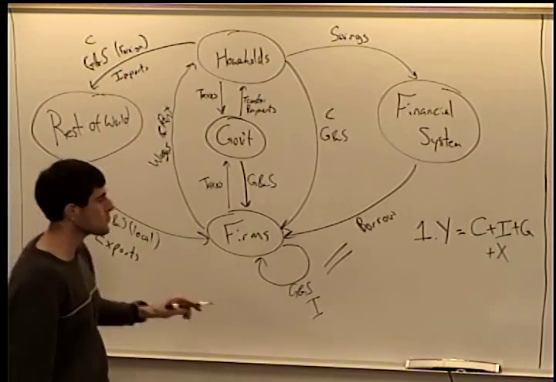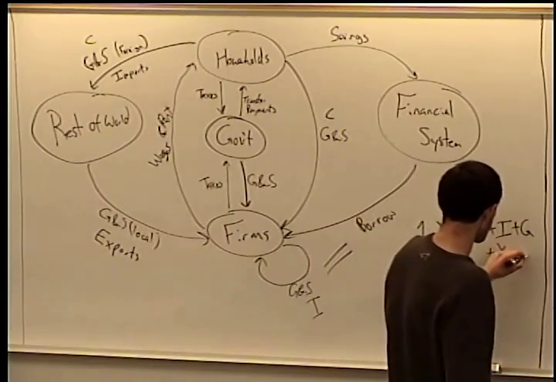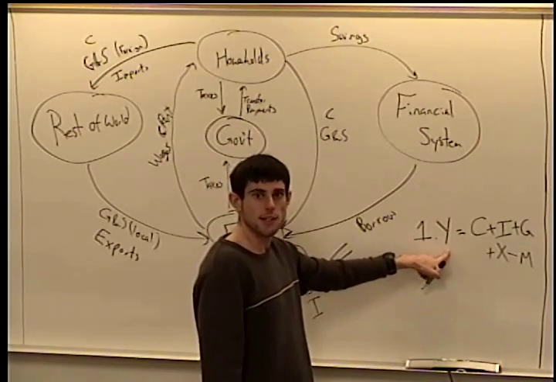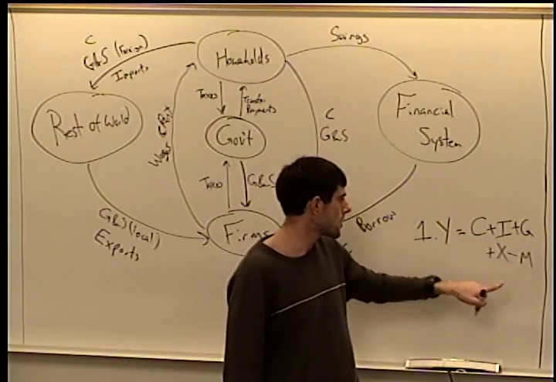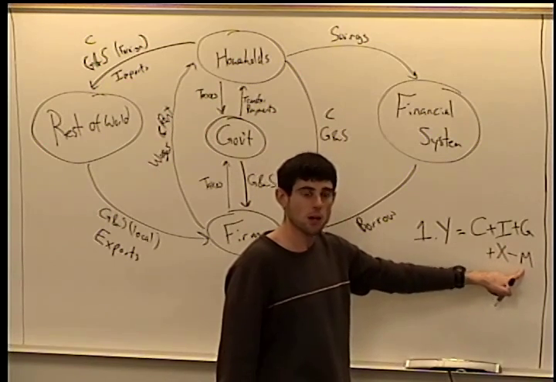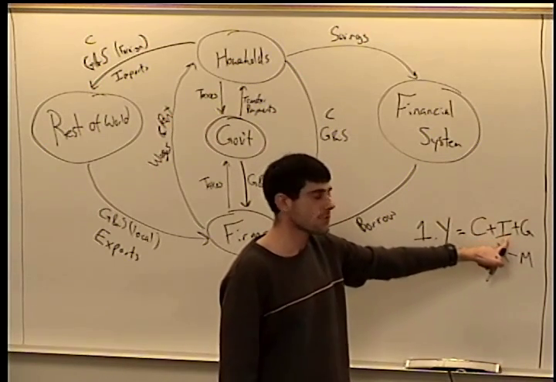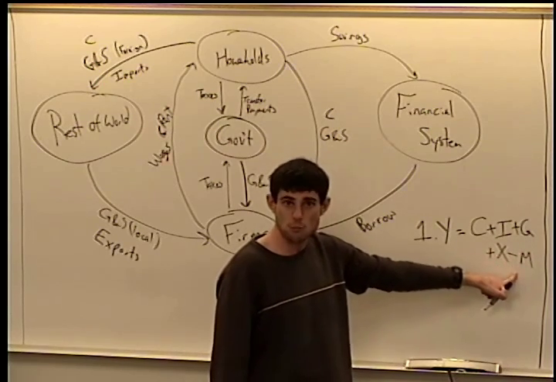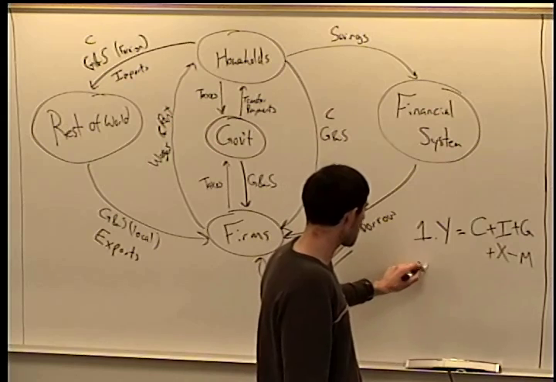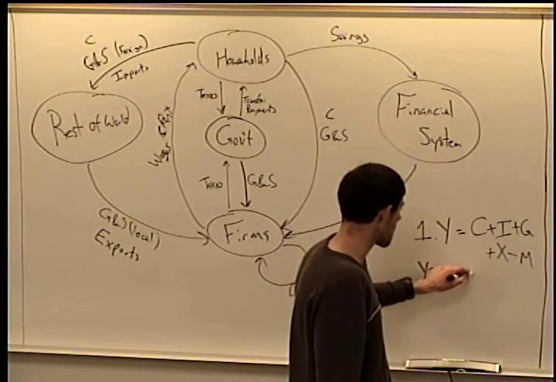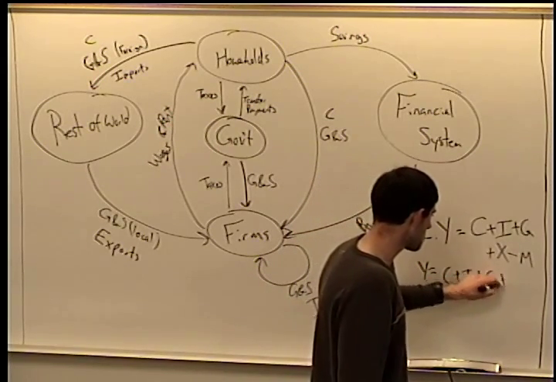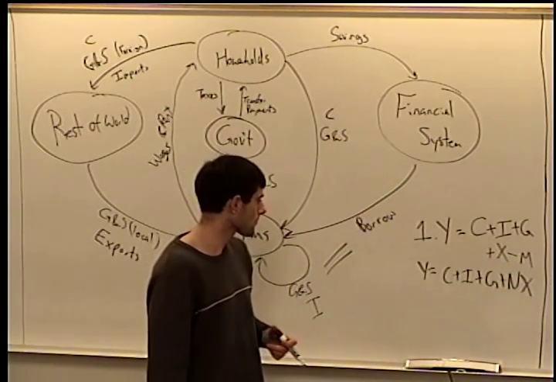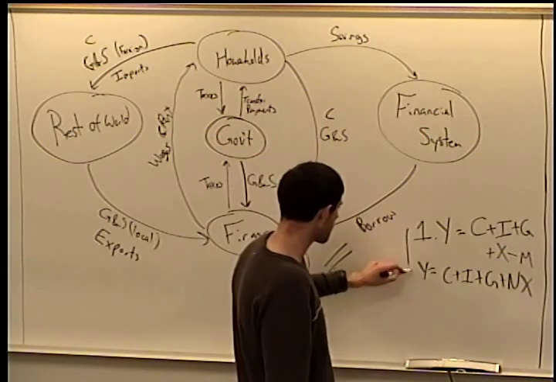So we subtract off imports, which is M. So GDP is going to be equal to C plus I plus G plus X minus M. Consumption spending plus investment spending plus government spending plus exports minus imports. Or Y equals C plus I plus G plus NX for net exports. Okay, so that's key point 1.